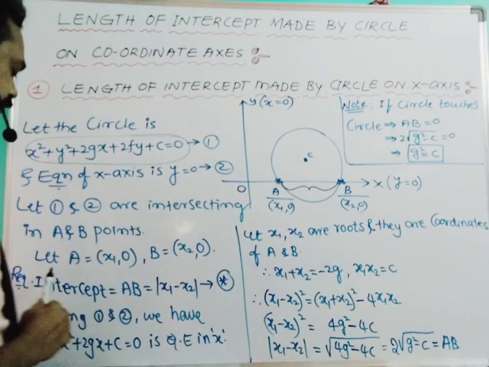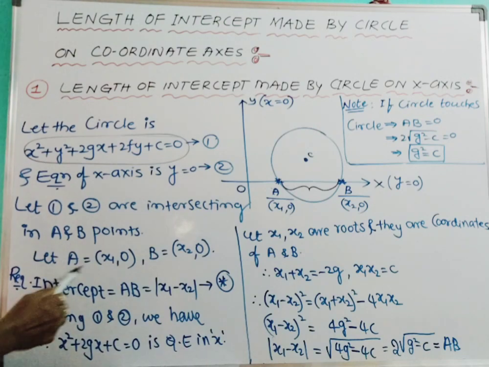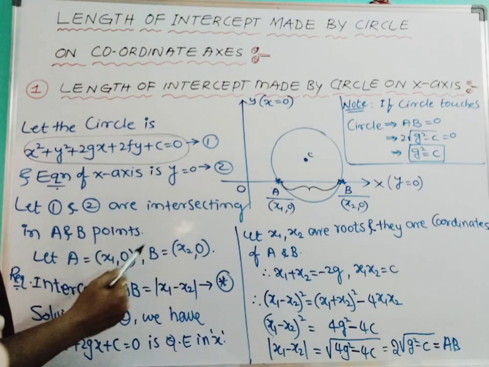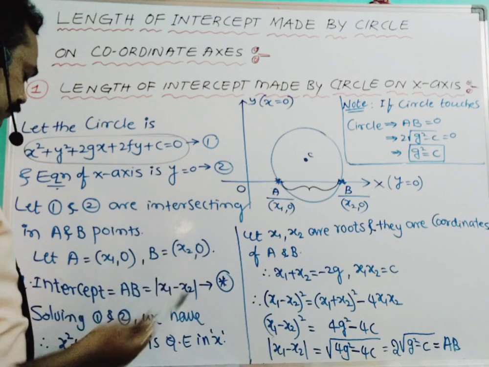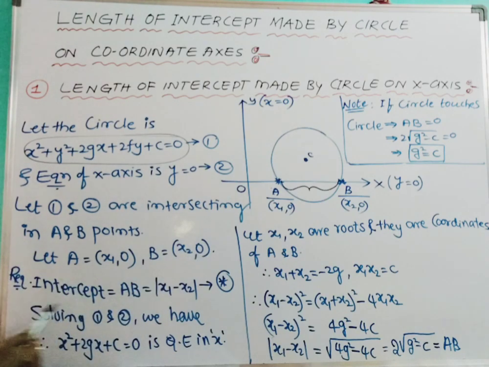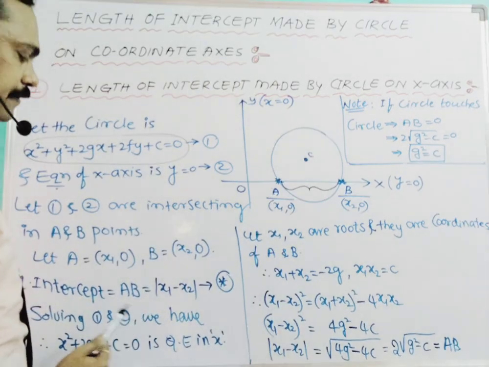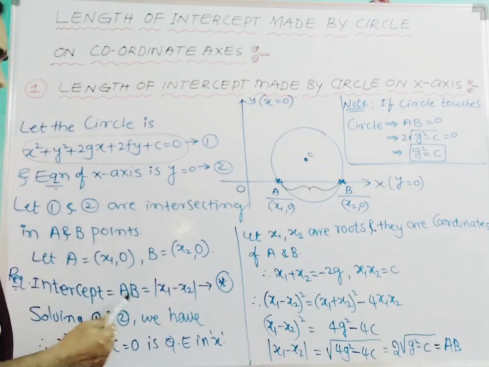So I am choosing capital A equals x1 comma 0, capital B equals x2 comma 0.